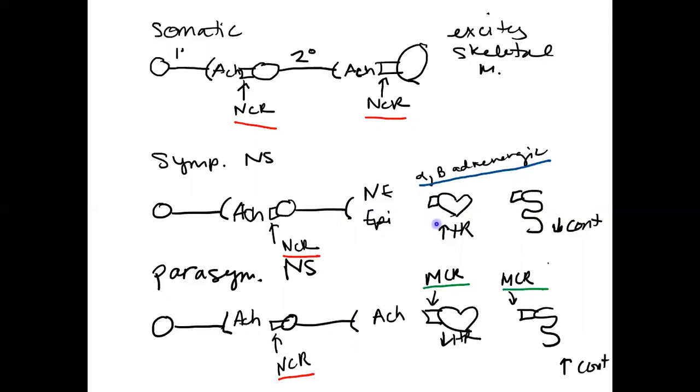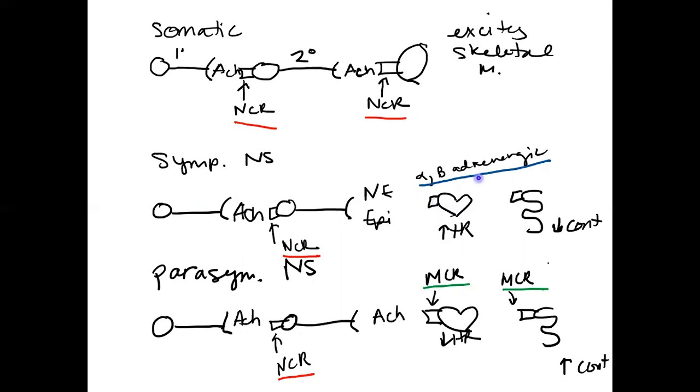If we're talking about the sympathetic nervous system, it's going to release norepinephrine as the neurotransmitter, and epinephrine is a hormone analog. These are going to bind to adrenergic receptors.